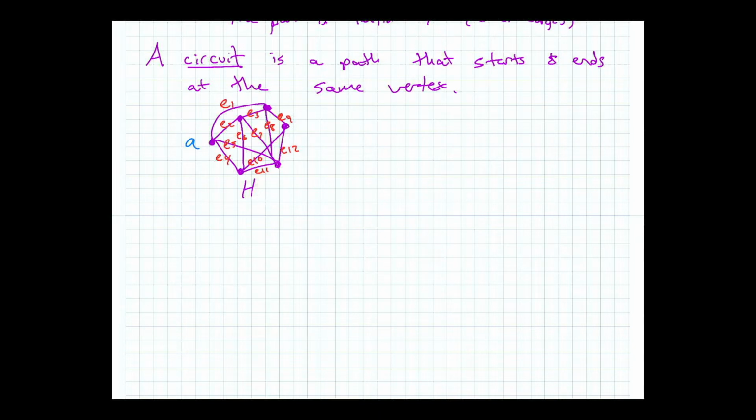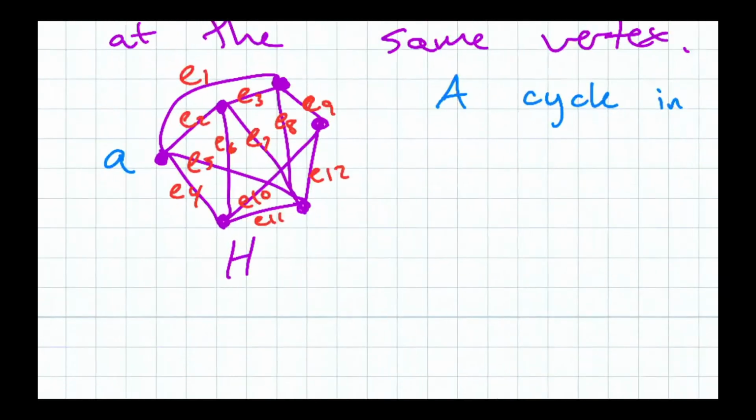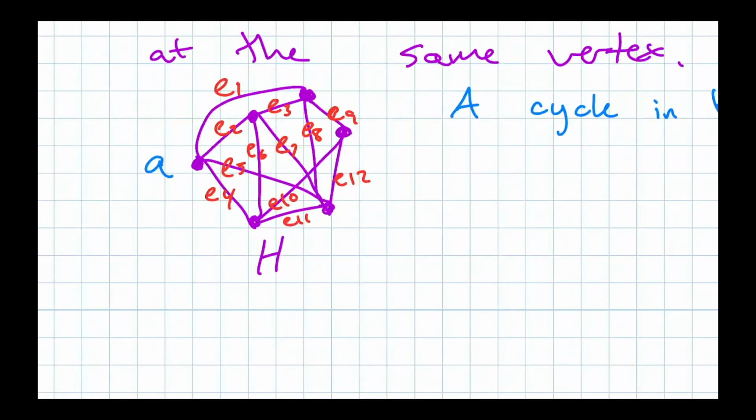So a cycle in this graph H is, and again, it's a path, which means it's a list of edges, not a list of vertices, technically. So let's just draw one here. We're going to go from A to A. Let's start at A. We can go E1 to get over here.